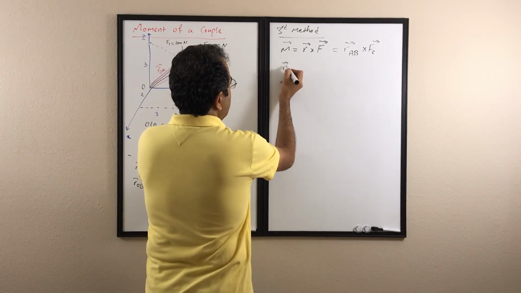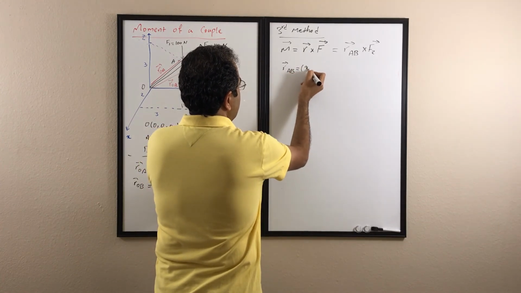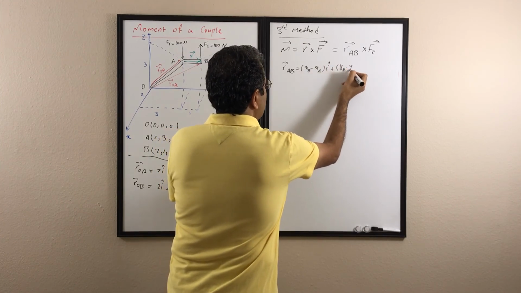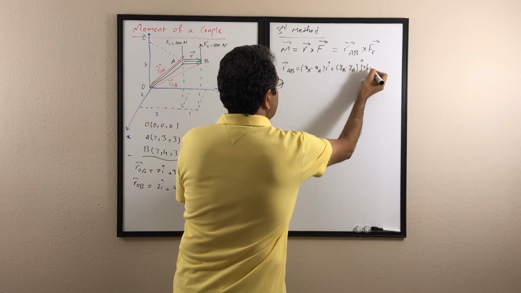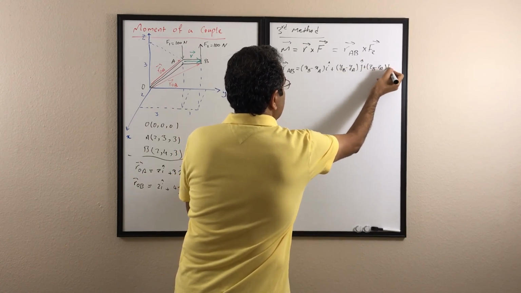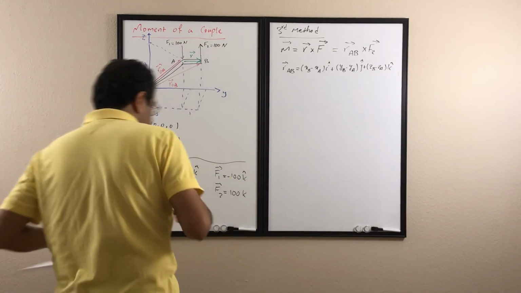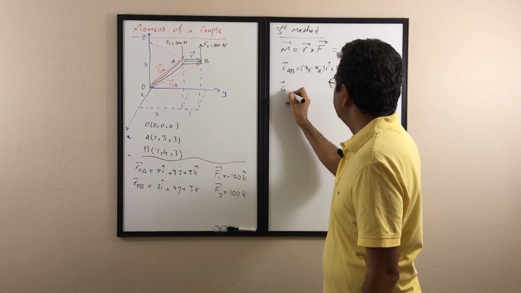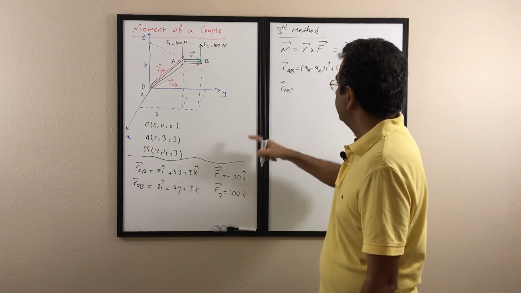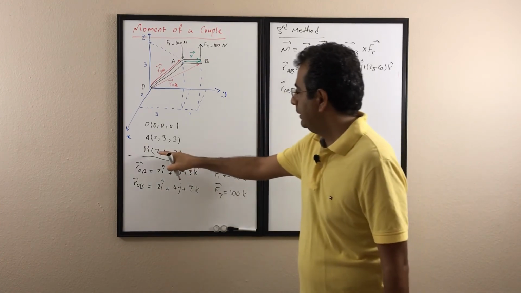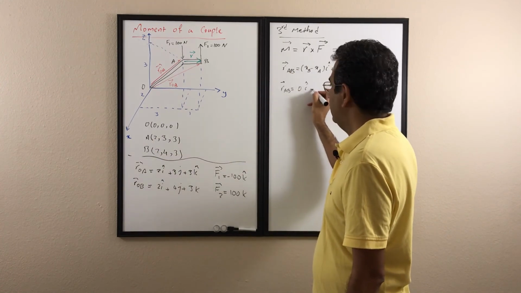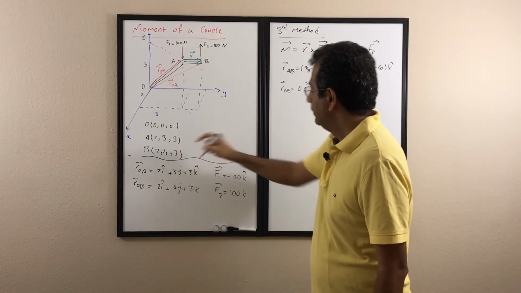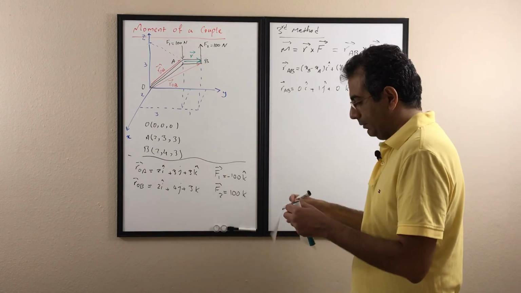I need the RAB, which is XB minus XA I plus YB minus YA J plus ZB minus ZA K. If I use these A and B coordinates for RAB, B minus A is going to be 0 I plus 1 J plus 0 K. So this is going to be my RAB.